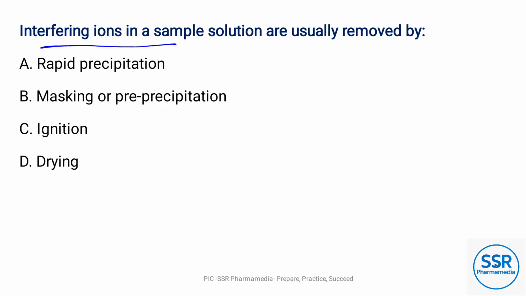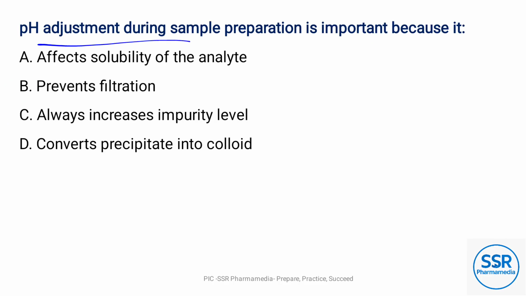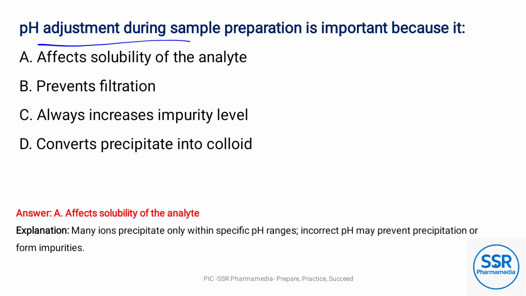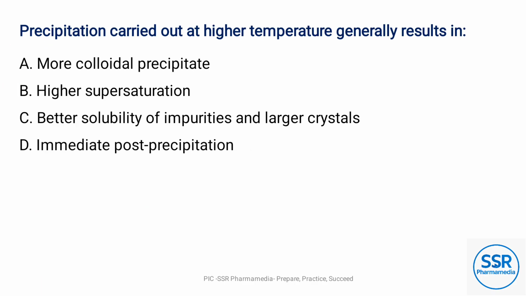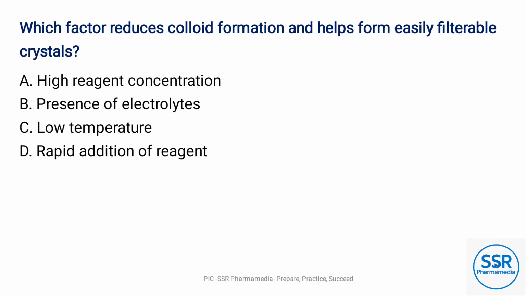Interfering ions in a sample solution are usually removed by option B, masking or pre-precipitation. pH adjustment during sample preparation is important because it, option A, affects the solubility of the analyte. Precipitation carried out at higher temperature generally results in, option C, better solubility of impurities and larger crystals.